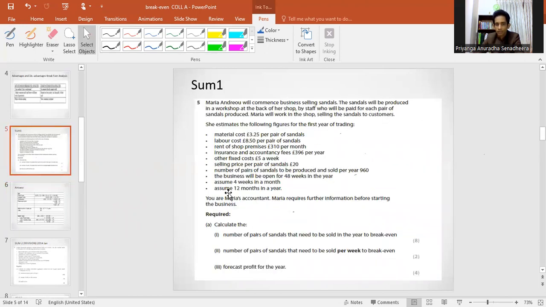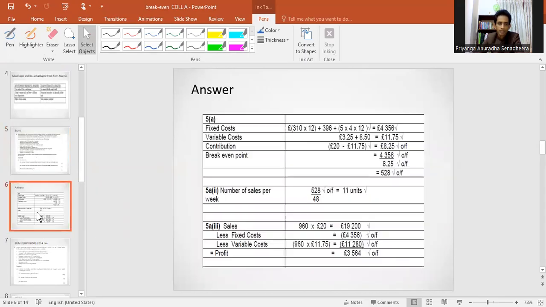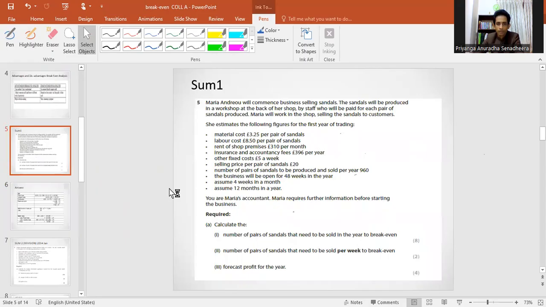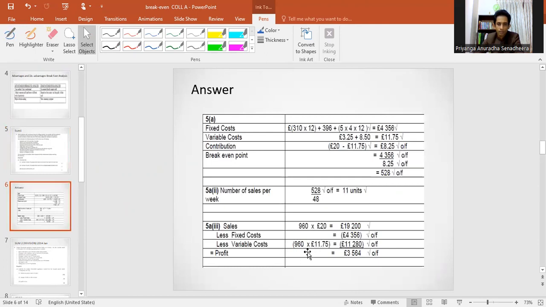So first of all, we have to find the sales value. The revenue value will be selling price 20 and the number of products sold 960. What they did was multiply those two and got the revenue. Fixed cost already calculated in the first part, that's 4,356. And the variable cost, I think we have calculated the variable cost per unit or per sandals, that is 11.75, and it should be multiplied by the number of products.